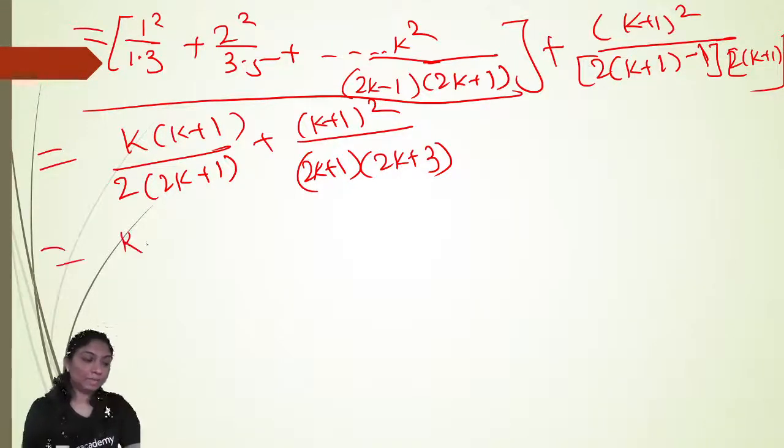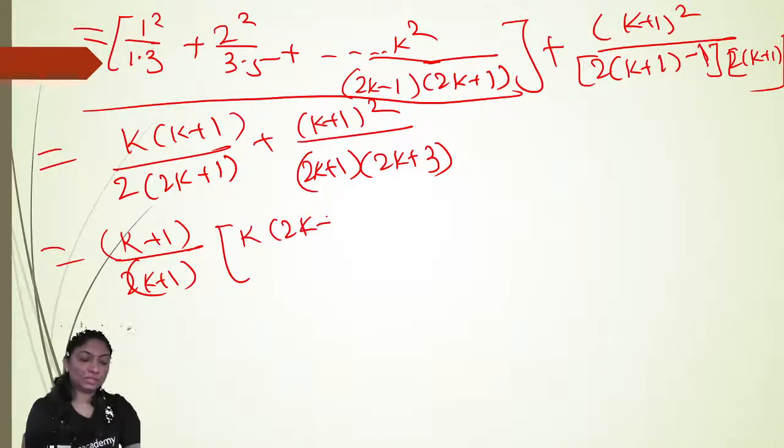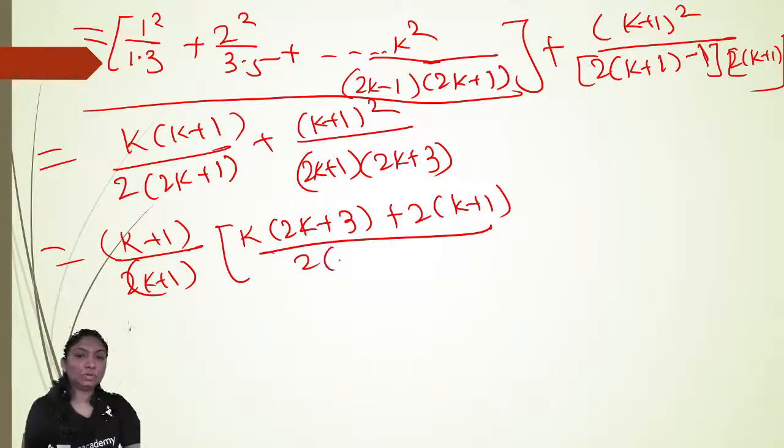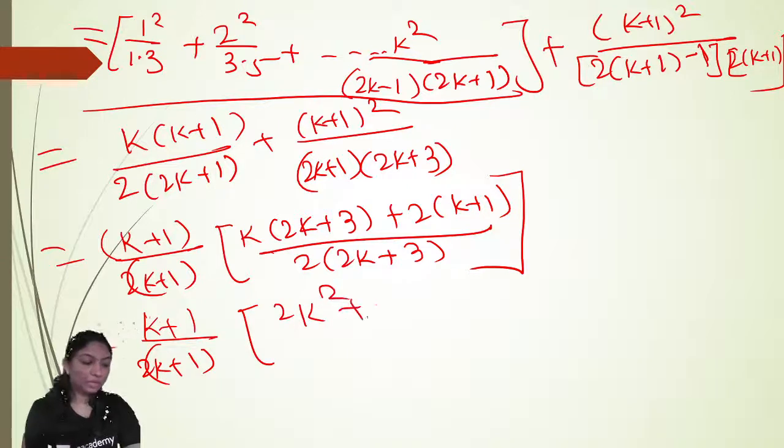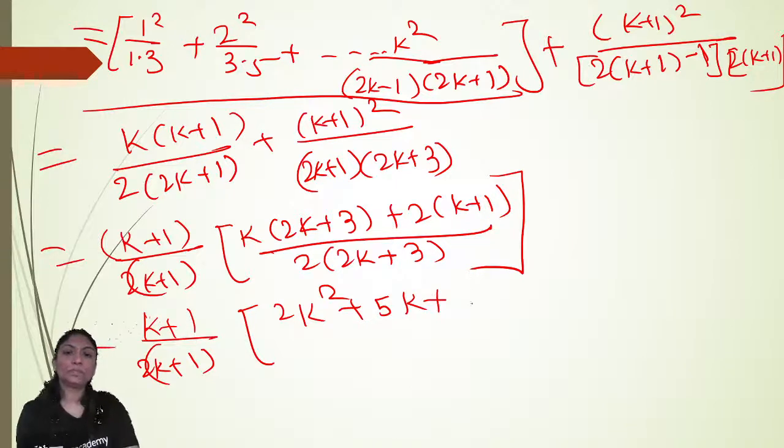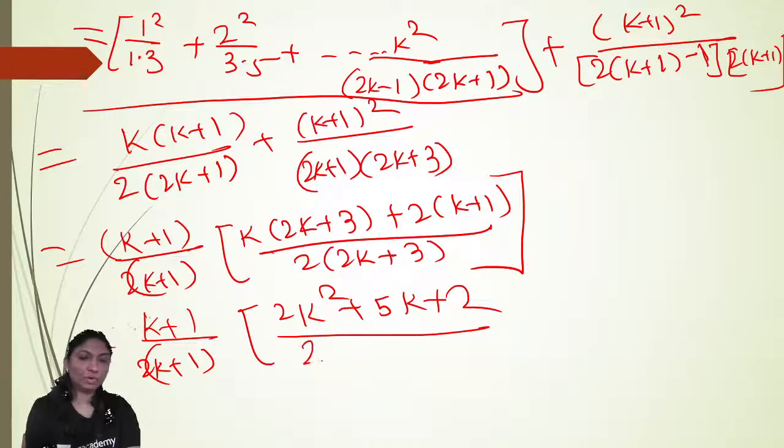Here, can I take (k plus 1) upon (2k plus 1) common? It becomes (k plus 1) upon (2k plus 1) into [k into (2k plus 3) plus 2 into (k plus 1)] upon 2 into (2k plus 3), equal to (k plus 1) upon (2k plus 1) into (2k square plus 3k plus 2k plus 2), it means 5k plus 2, upon 2 into (2k plus 3).